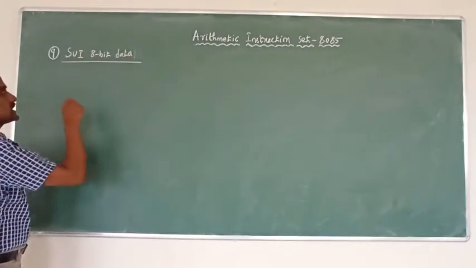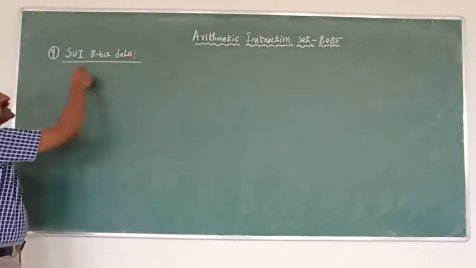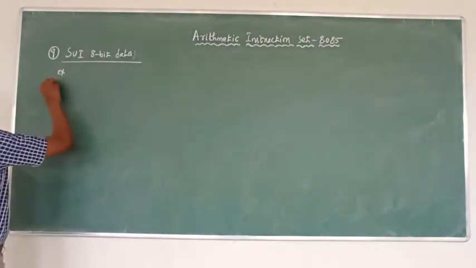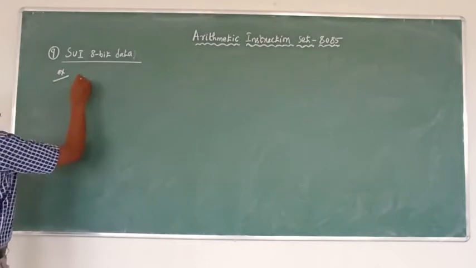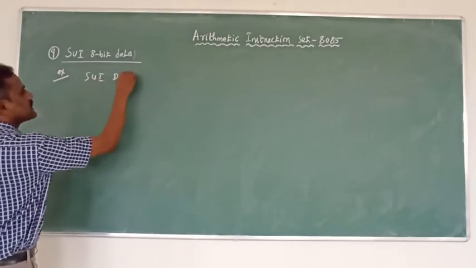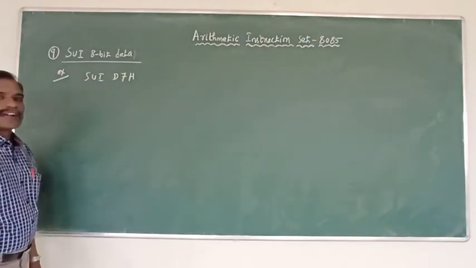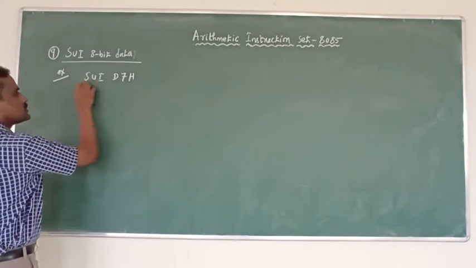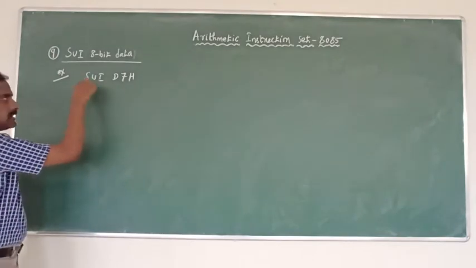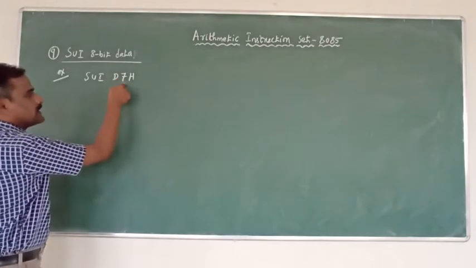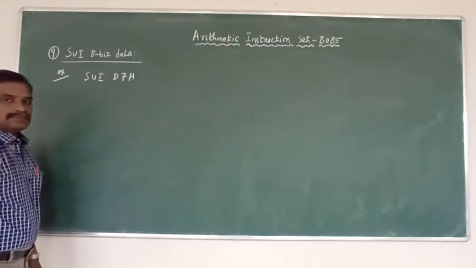Here we subtract the accumulator with the immediately given 8-bit data. Example, SUI D7H. SUI D7H. Here SUI always means subtract the accumulator with the immediately given 8-bit data.